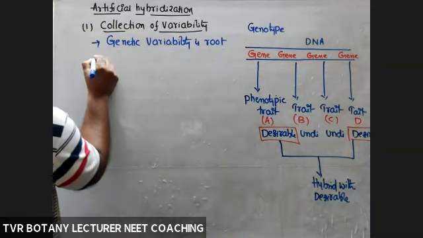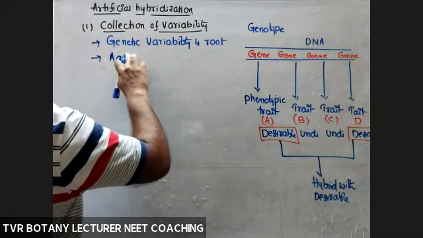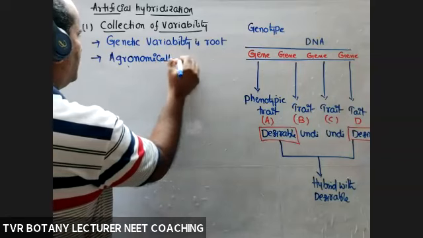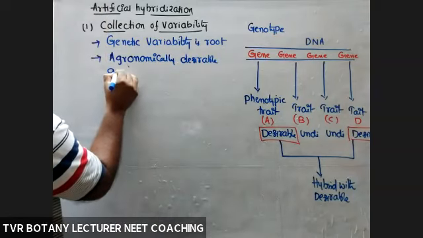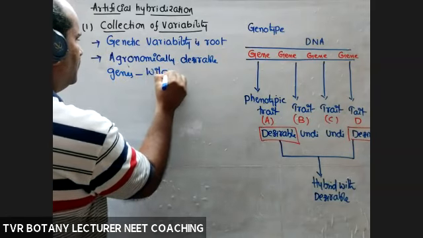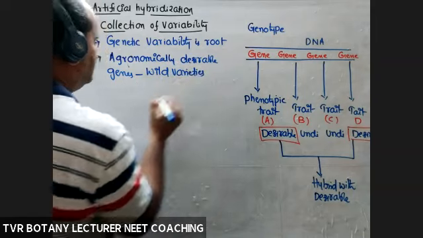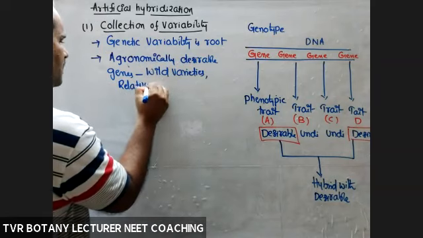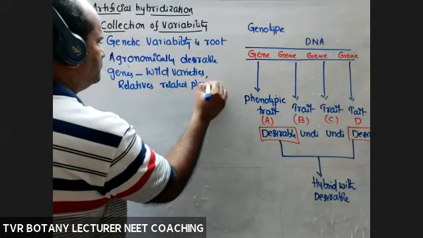Okay, so agronomically desirable genes are present in wild varieties of the concerned crop, wild varieties and relatives of that crop, and allied related plant species.